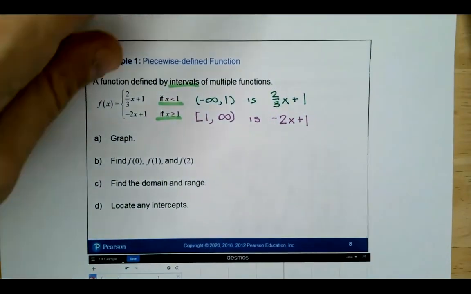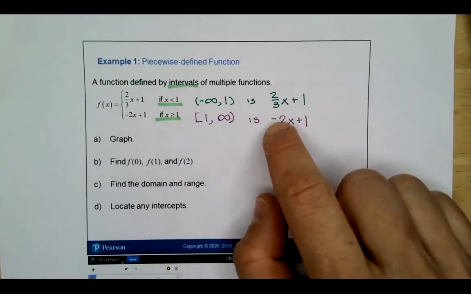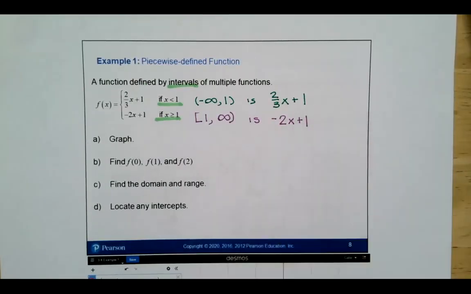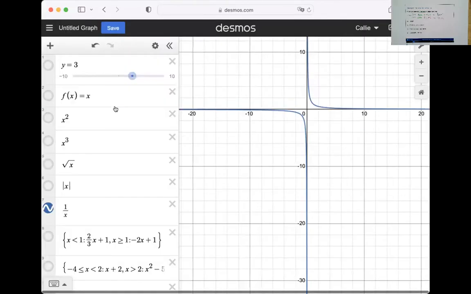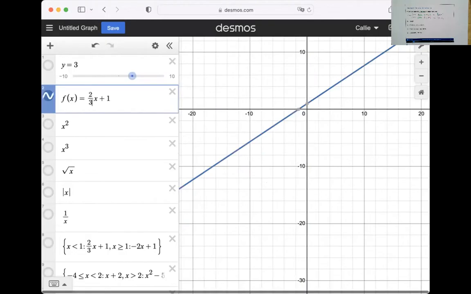I also want you to look at, we have 2/3 x plus 1, and we have negative 2x plus 1. What are these? What are the parent functions? What is happening to x? Remember, we said parent functions are the things that you start with, and then you add 1, or you put a number in front of it.